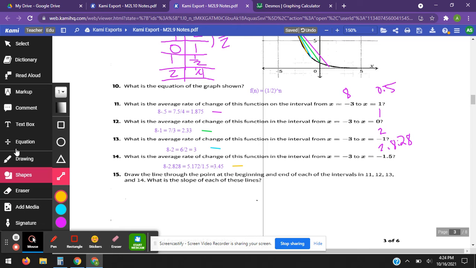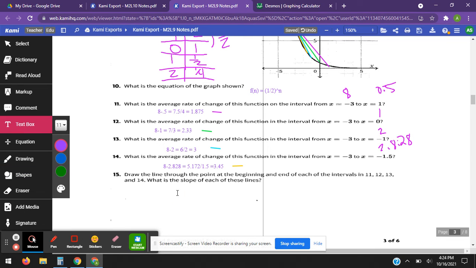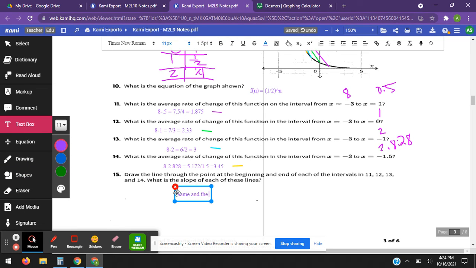Well, I'm just going to write in this one, same as the average rate of change listed above, right? That average rate of change, except, are these positive slopes? No. Except negative.